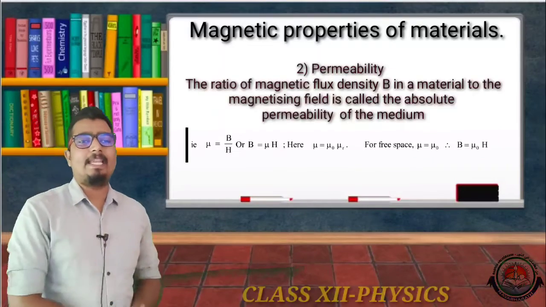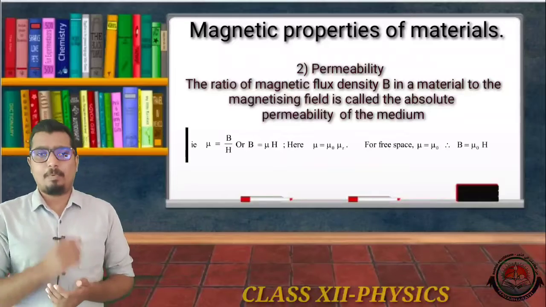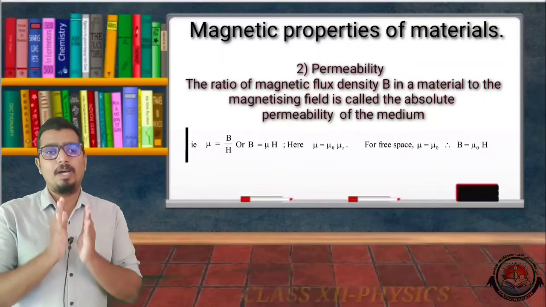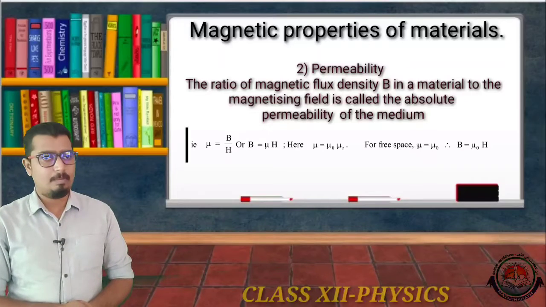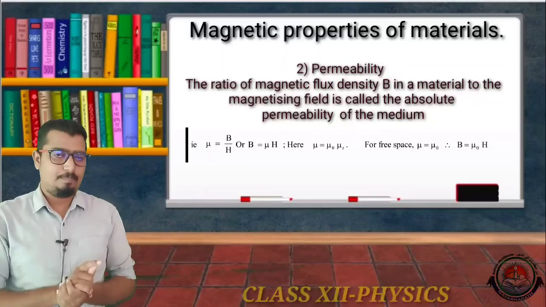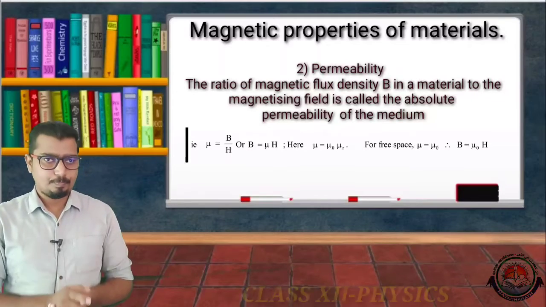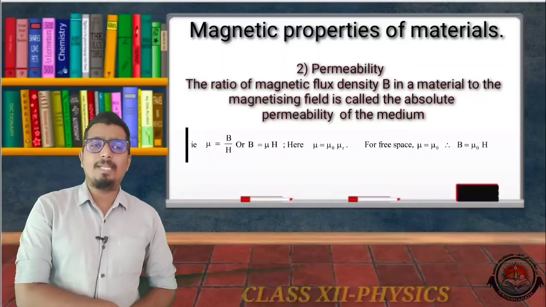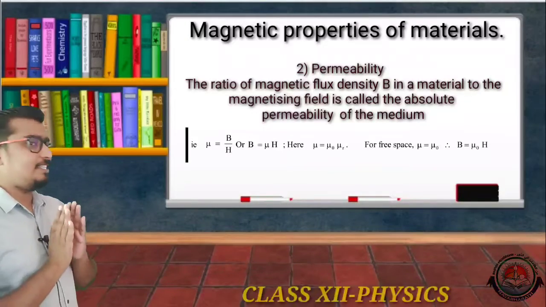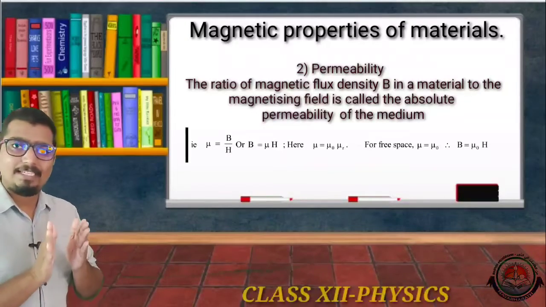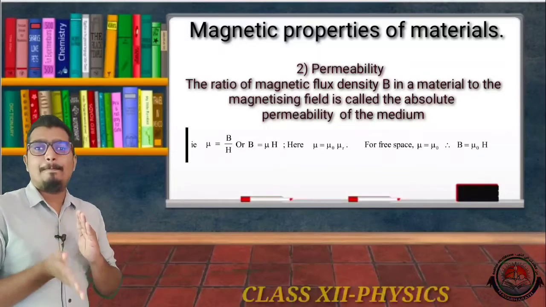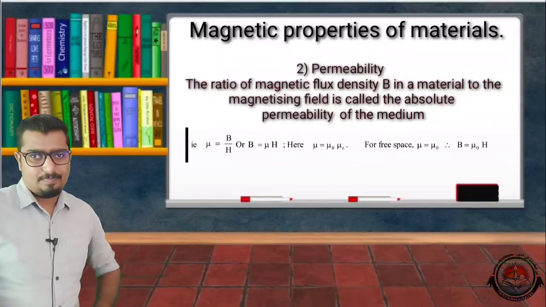Then the second magnetic property of a material is permeability, denoted by the letter mu. Permeability is the ratio of the magnetic field strength, or magnetic flux density B, in a material to the magnetizing field.